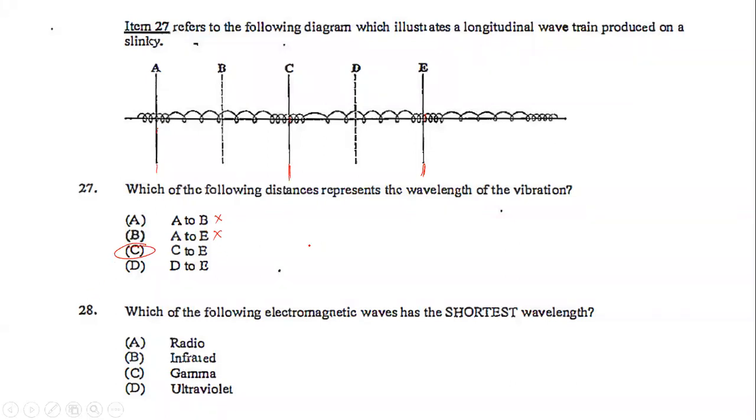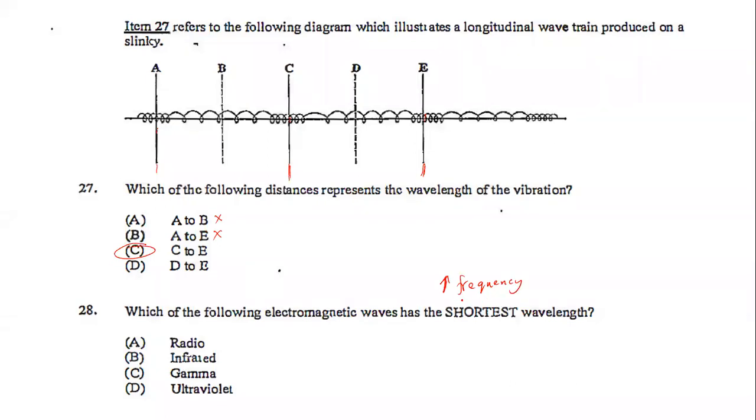The next question: which of the following electromagnetic waves has the shortest wavelength? For those who don't normally memorize these things, you can just remember this: the shorter the wavelength, the greater the frequency. So the question is asking which one there has the greatest frequency.